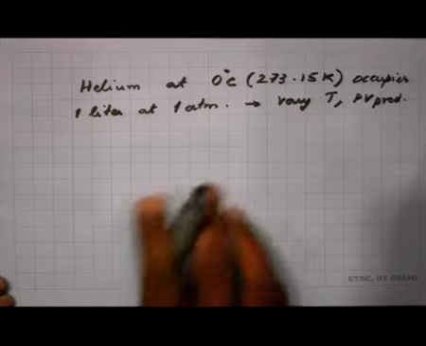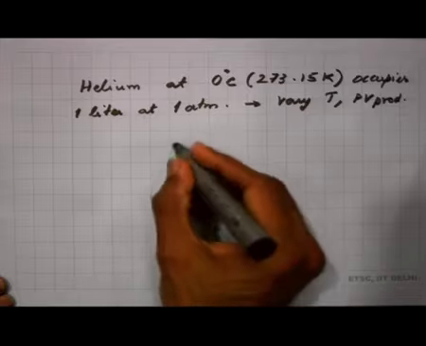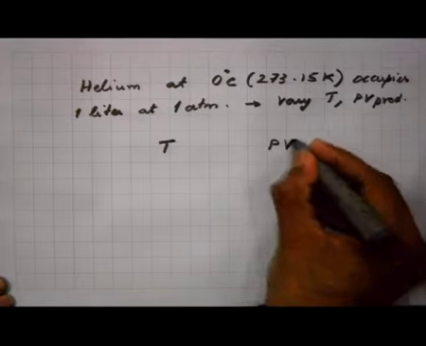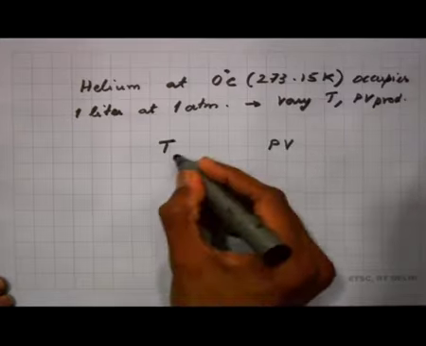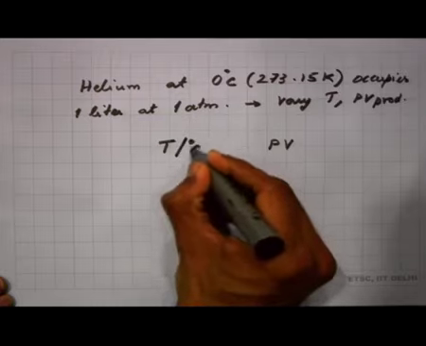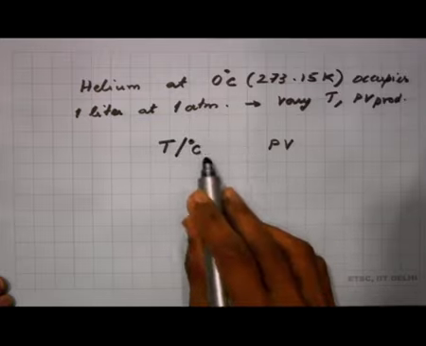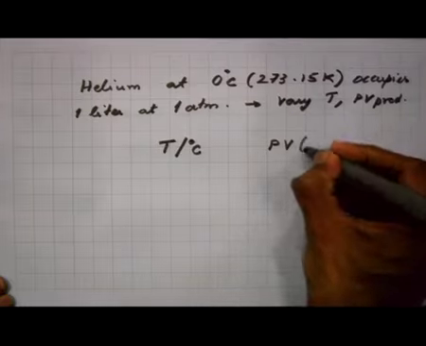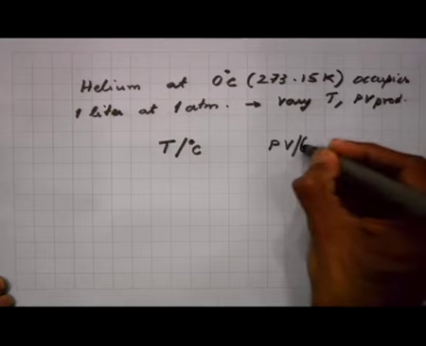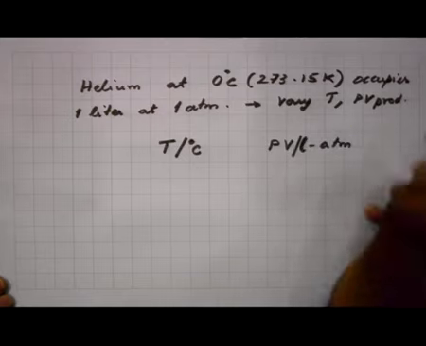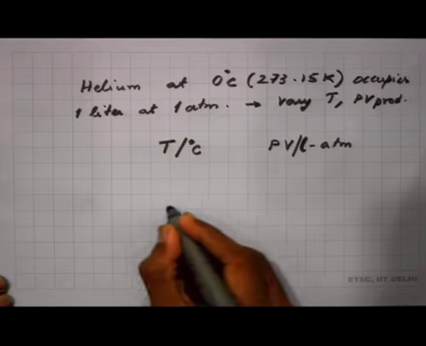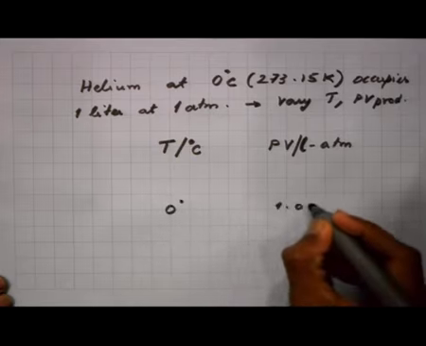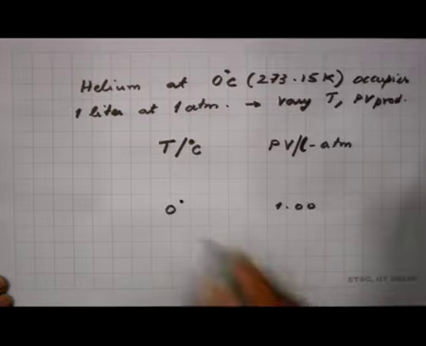So, if you have temperature and you look at the PV product, I am writing the temperature in degrees Celsius, which means that if you want to convert it to Kelvin, you will have to add 273.15 to it, and these are expressed in units of liter atmospheres. At 0 degrees, this product is 1.00.